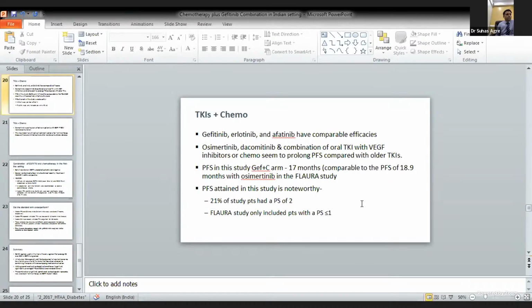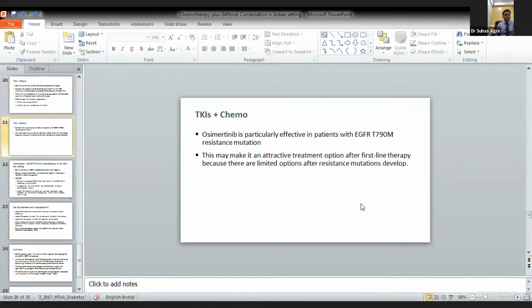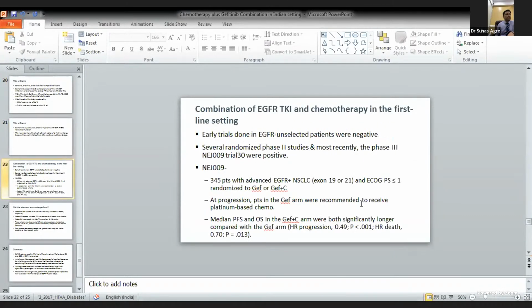So the PFS attained in this study was very comparable. 21% of the study patients had a performance status of 2, but FLAURA included patients who were PS1 or less. Although osimertinib is an attractive option, we have seen there are limitations, mainly the financial constraint to be taken into consideration.